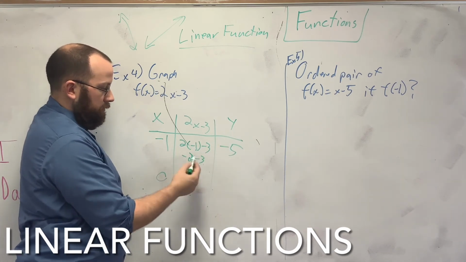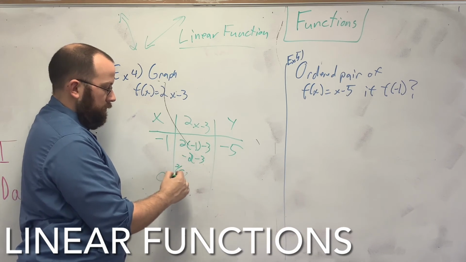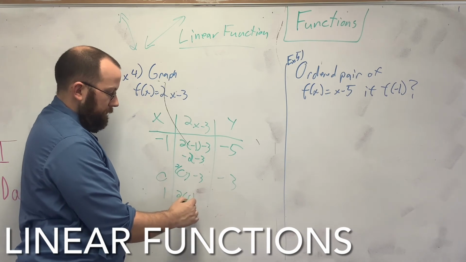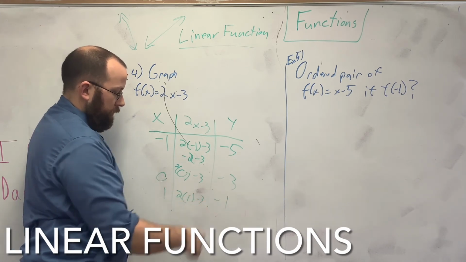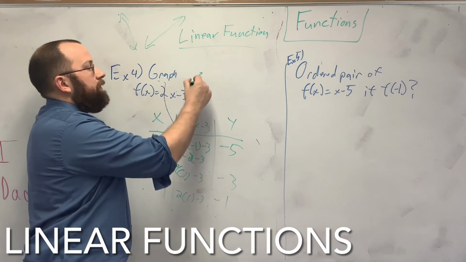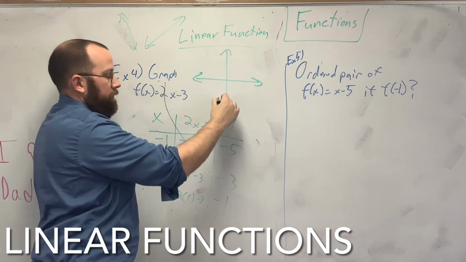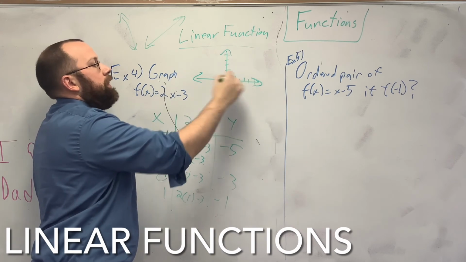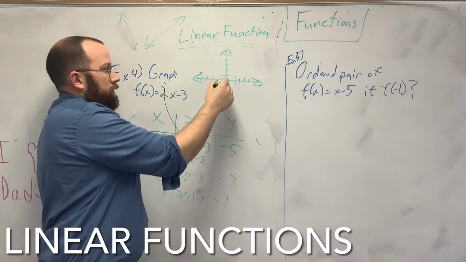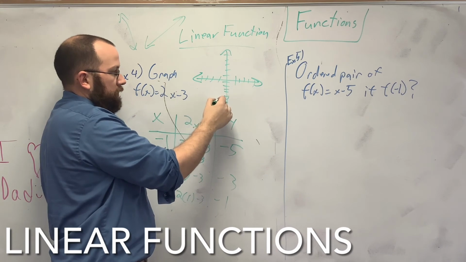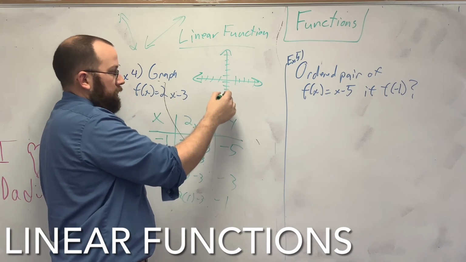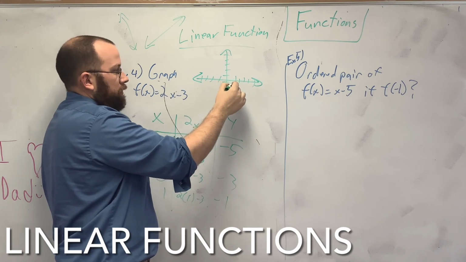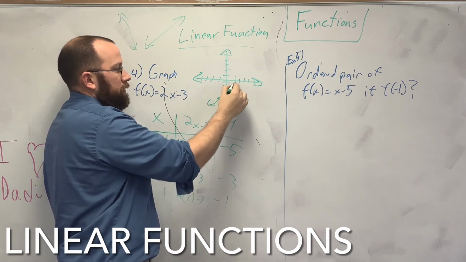Plug in 0, 0 times 2, you get -3. Plug in 1 is -1. So to graph that, you're just plugging in points. So 1, 2, 3, 4, 5 on each axis. So -1, -5, 0, -3, 1, -1, and graph.